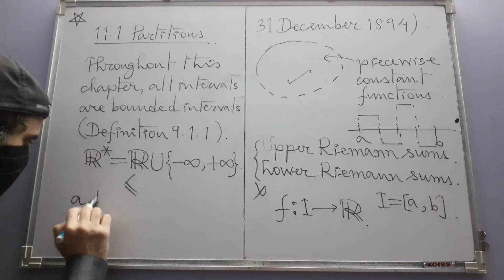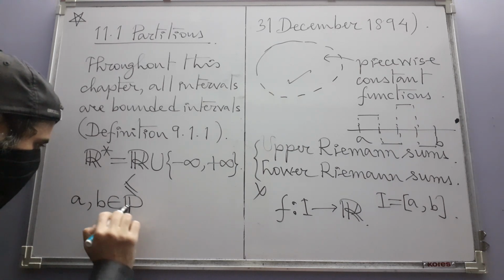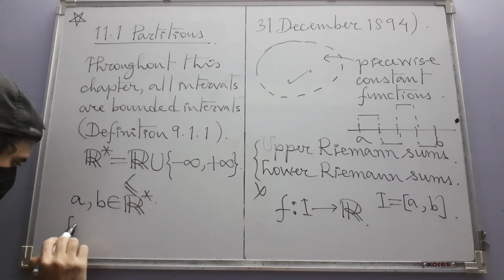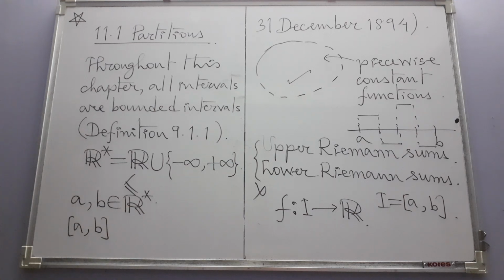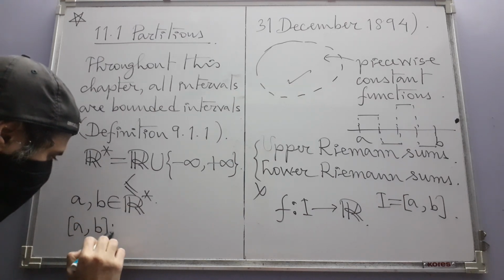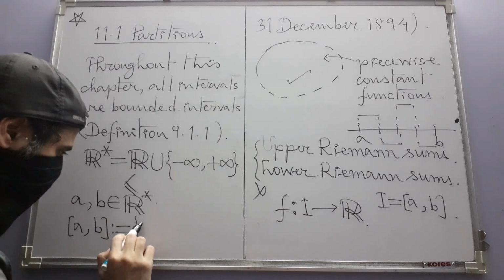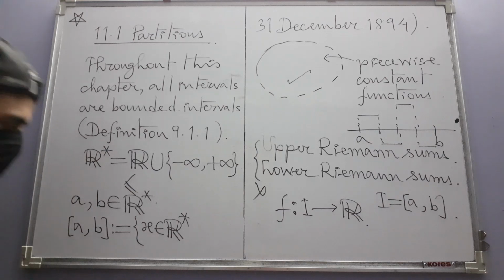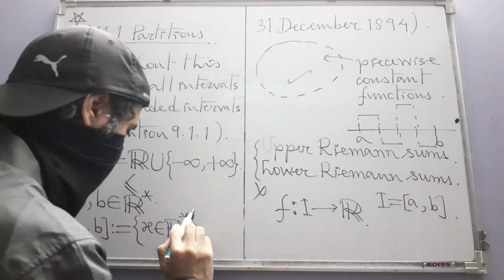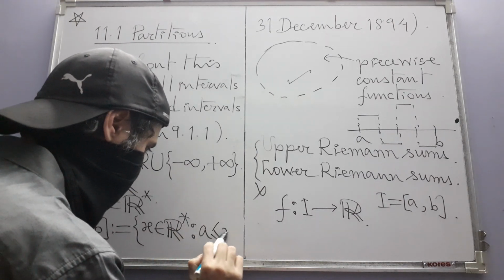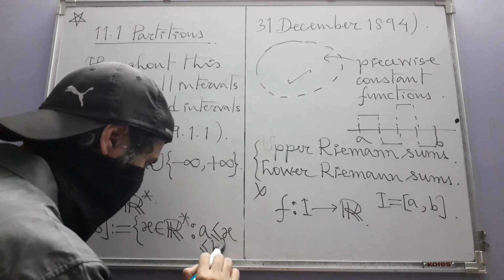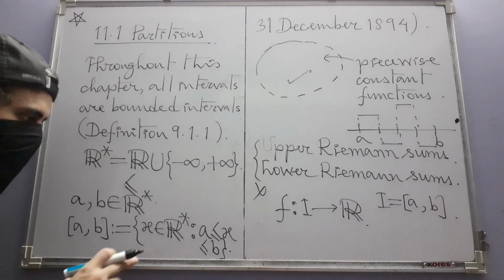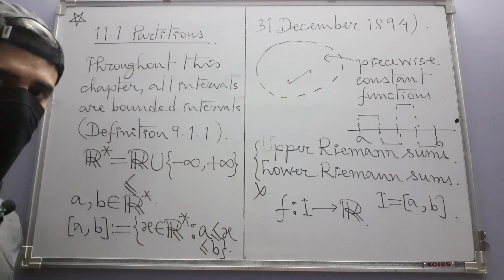Suppose you have two extended real numbers A and B. Then the closed interval A comma B, for example, has been defined to be the set of all extended real numbers x such that A is less than or equal to x and x is less than or equal to B. This interval may or may not contain these infinite extended real numbers.